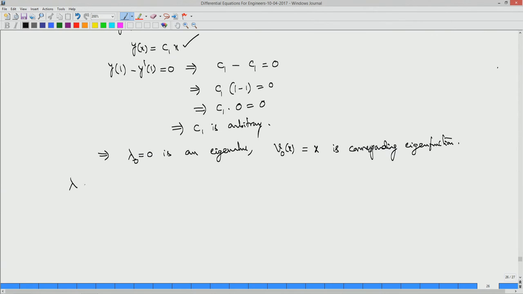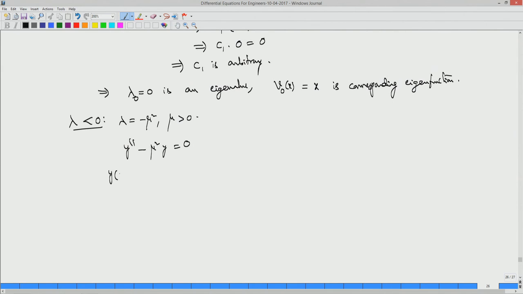Now, look at the case lambda negative, that means lambda equal to minus mu square with mu positive. In this case, the equation becomes y double dash minus mu square y equal to 0. The general solution of this equation is C1 e power mu x plus C2 e power minus mu x. You apply the boundary conditions now, that will give me C1 plus C2 equal to 0, so C1 equal to minus C2.